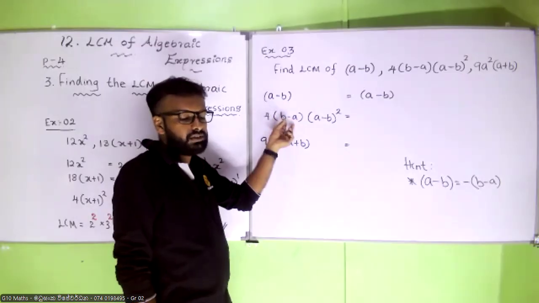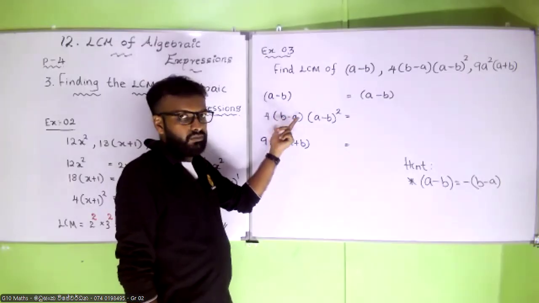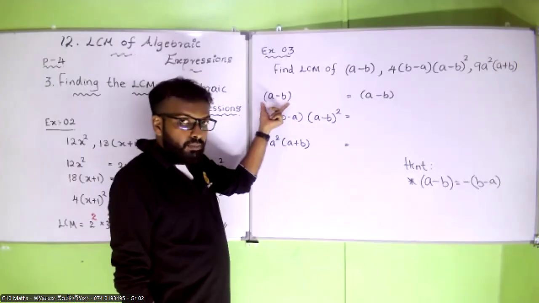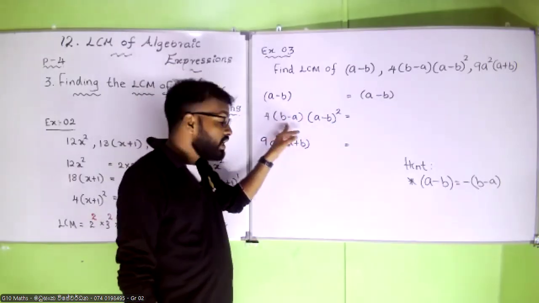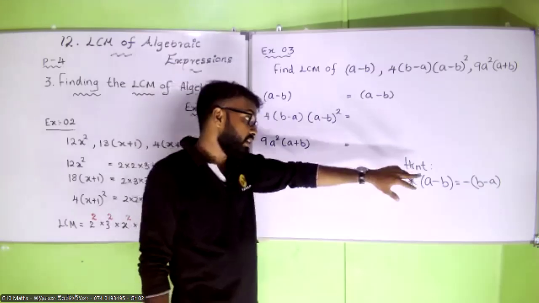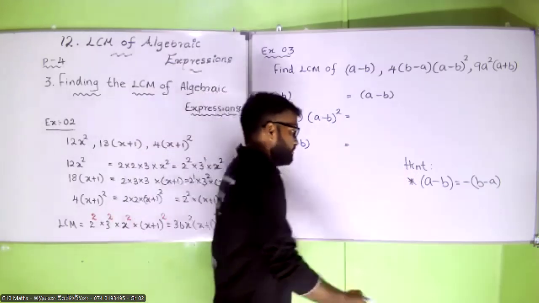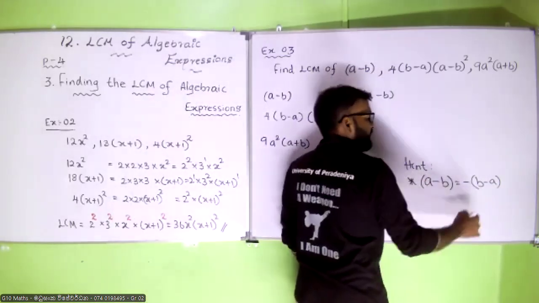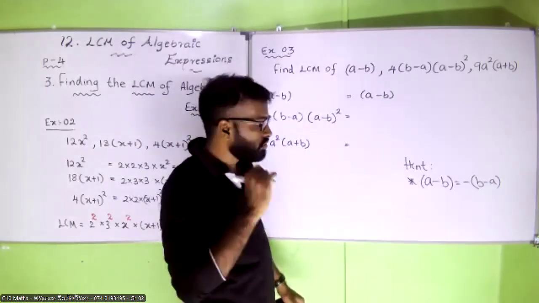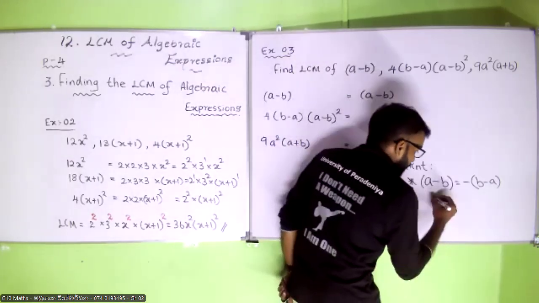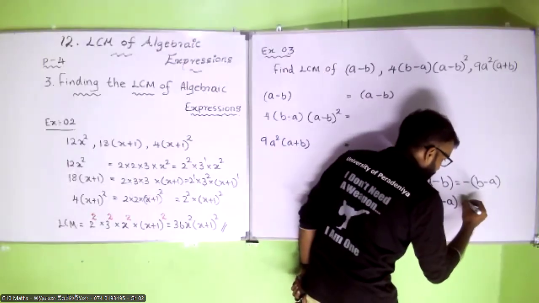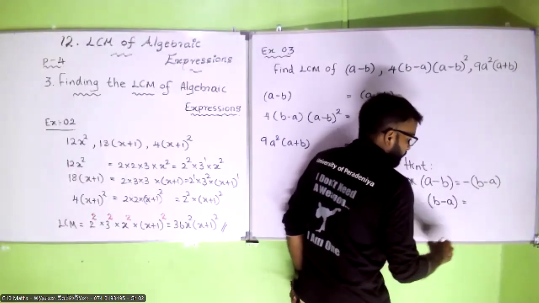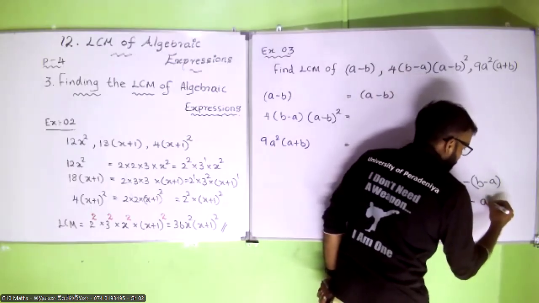Here I have a minus b, here also a minus b, but here only I have b minus a, so I will change it. If you use this hint, you can write b minus a as negative a minus b.